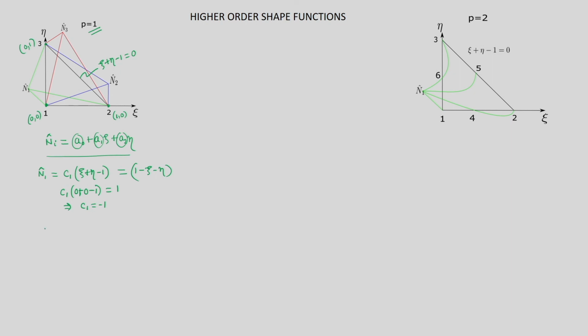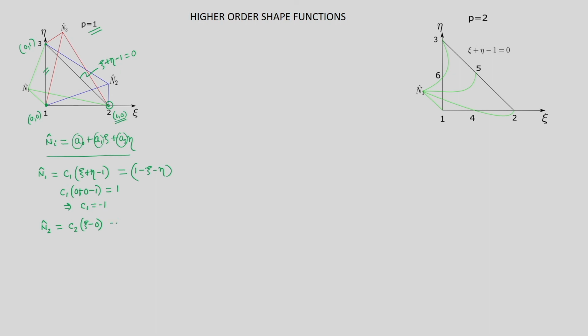Alright. So likewise we can define N2 hat. N2 hat has to be 1 at node 2 and 0 along the line 1, 3. And what is the equation of line 1, 3? Xi equal to 0. So we will write C2 times xi minus 0. Now this has to be 1 at xi equal to 1, eta equal to 0.